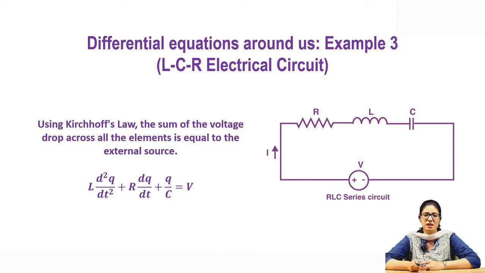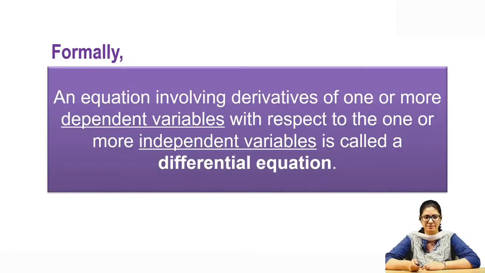These three represent the voltages across these three components, and when we add all of these, we have it equal to the external voltage applied. We have already studied all these examples, but here we should note that the equation represented here is a differential equation. So, you see, whenever you have an electrical circuit, you also have a differential equation.